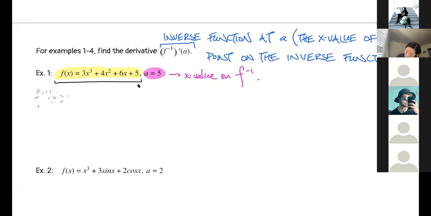Okay, so let's start there. x equals 3y cubed plus 4y squared plus 6y plus 5. We switched our x's and y's, and now what?